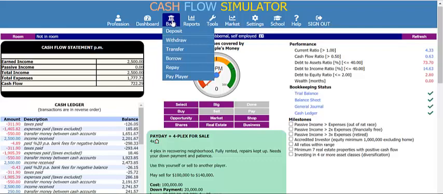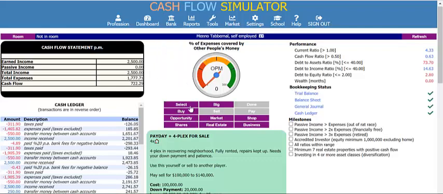So these buttons, so we have select, we have big deal, which is really, really big deals. You can buy, sell, and pay somebody else, for example. You hit done if you are playing a multiplayer game. And then you have opportunity cards, market cards, shop cards, shares cards, real estate cards, and business cards. And this is linked to a future version of the game where the facilitator is able to administer the game.